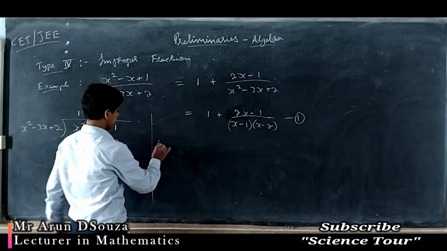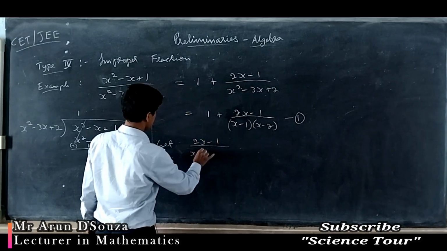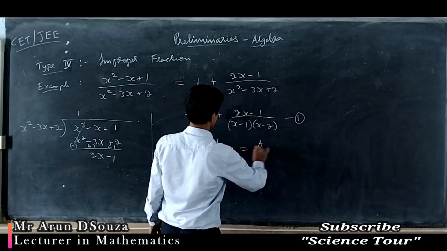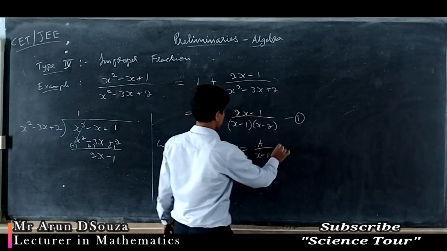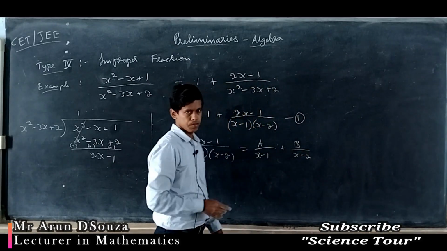Now let me take only 2x minus 1 divided by x minus 1 into x minus 2. So this is like a divided by x minus 1 plus b divided by x minus 2, is it not? Yes.